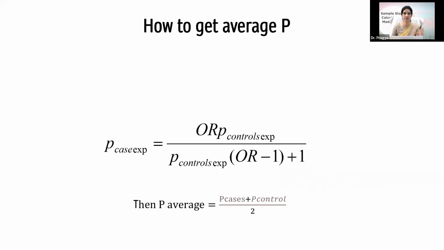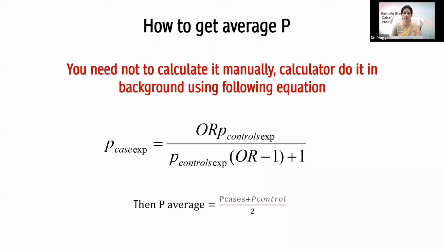This is again the same. So how to get the average P? P is the proportion of exposure in the cases and in the control. If you have to take the average, then you take P cases plus P control divided by 2, and this is the same formula which you have seen.